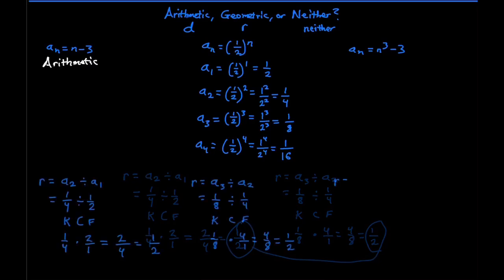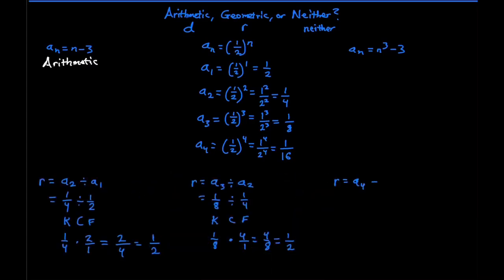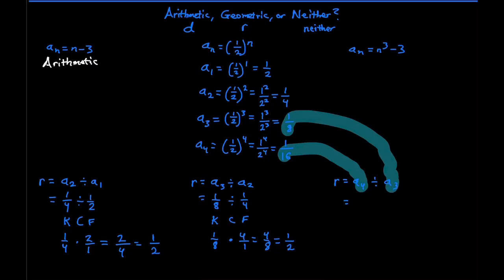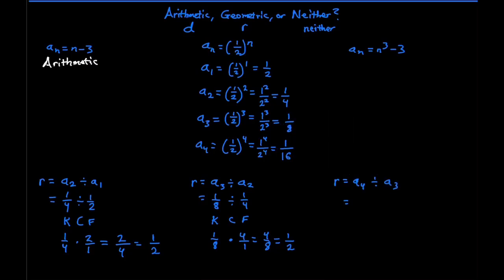We can go further and check A4 divided by A3. This one is A4 and this one is A3. So you say 1/16 divided by 1/8. Then you keep, change, flip. Keep the first fraction the same, change the sign to multiplication, flip the second fraction, and multiply straight across.